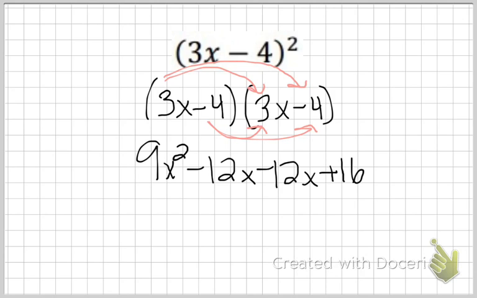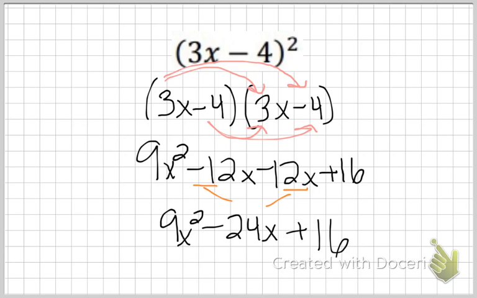We combine the 2 middle terms, because that's been the pattern so far. Those are the like terms. And that gives us a negative 24x. In all, the expression reads 9x squared minus 24x plus 16. And that is our simplified answer.